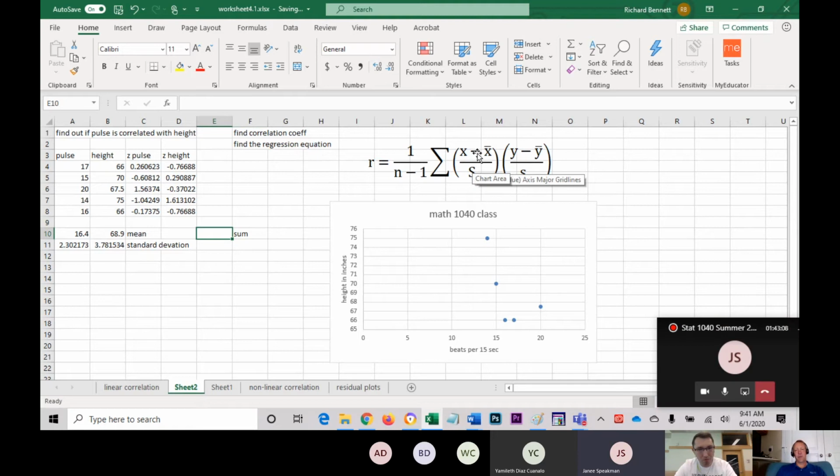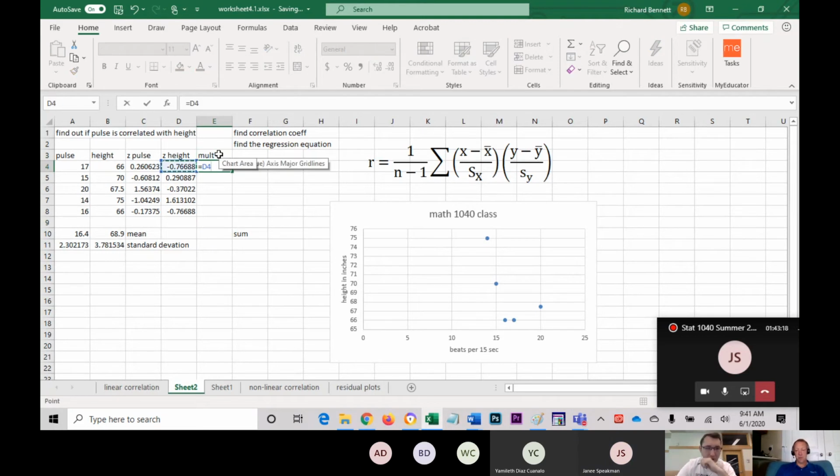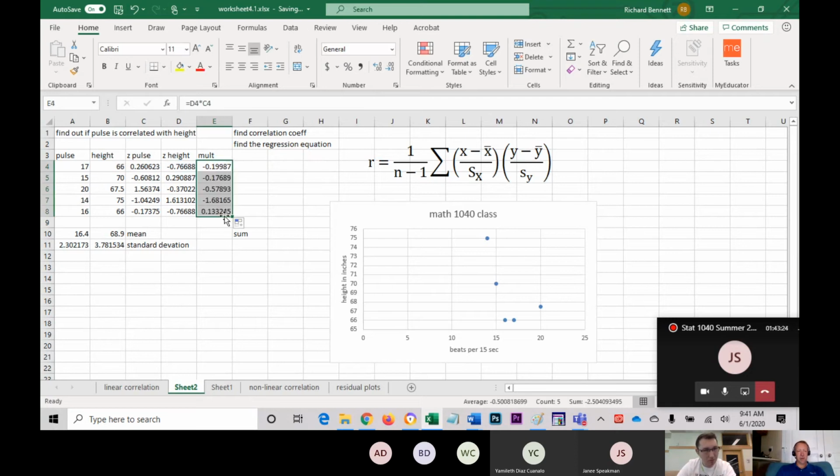I don't know. What are we doing with our z-scores according to my formula? Oh, we're multiplying them. That's right. We're going to multiply them first. So we're going to multiply that number times that number. We're going to copy that down. Then we're going to find our sum.